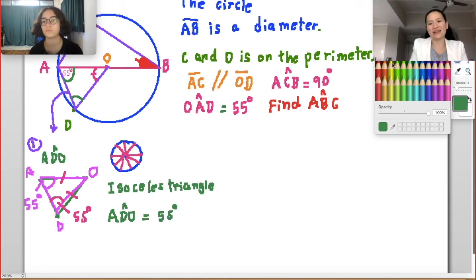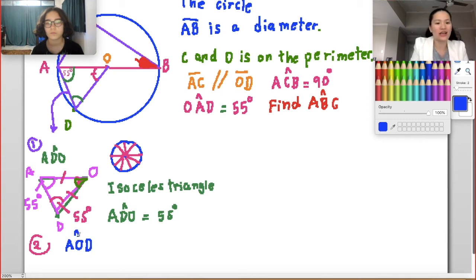So Layla, the next one, number 2. Number 2, I want to find this one. Okay, let me put a green here. It's named AOD. So how can I find AOD? How can I find AOD, please?